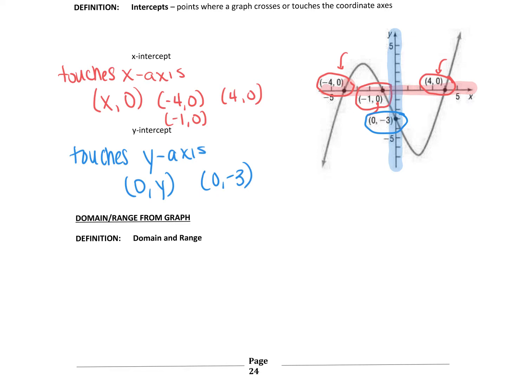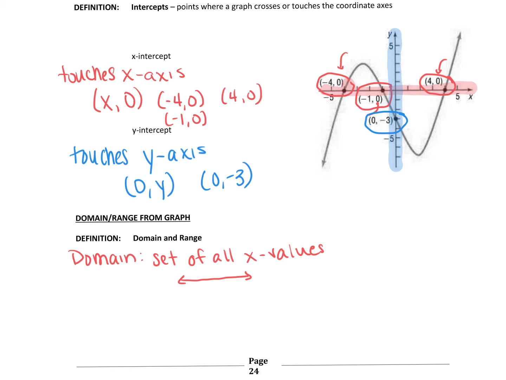The other thing we're going to talk about now is the domain and range of this graph. Your domain is defined as the set of all x values. And your domain goes from left to right. So it's the x-axis. What you're literally doing is looking at the function, where is it starting on the x's?